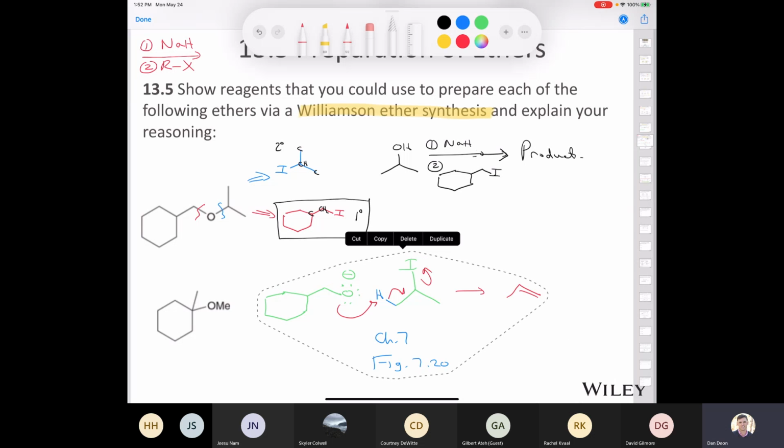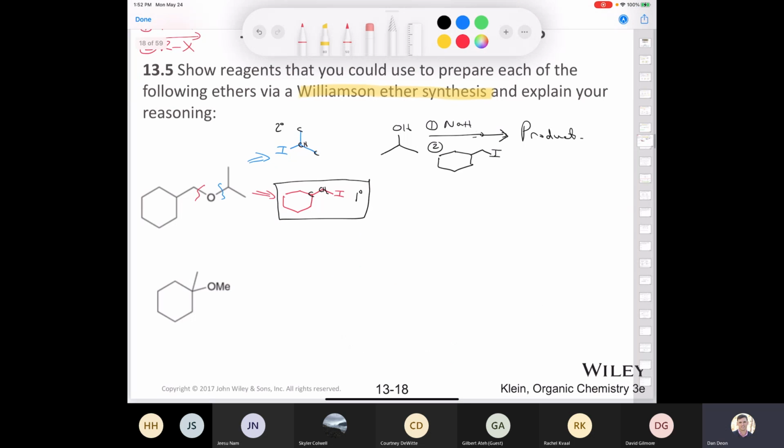Let me just delete this. Okay. The next one. I don't know why they had to draw it as this condensed methyl group. It's kind of annoying. But if I redraw the compound like this, I have a methyl group up here, I've got an oxygen, and then I have another methyl group. I could either break it here so that my electrophile would be iodomethane, CH3I.